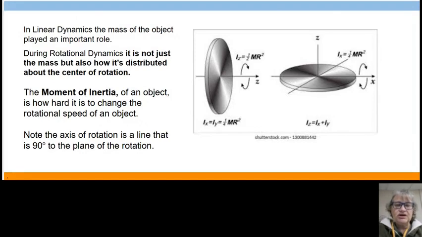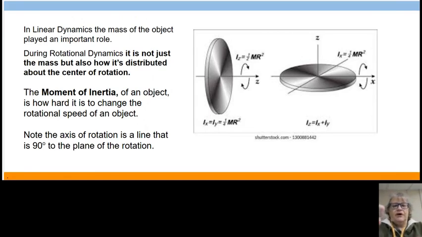During rotational dynamics, it's not just the mass, but also how it's distributed about the center of rotation. This is called the moment of inertia. The moment of inertia of an object is how hard it is to change the rotational speed of an object, right?